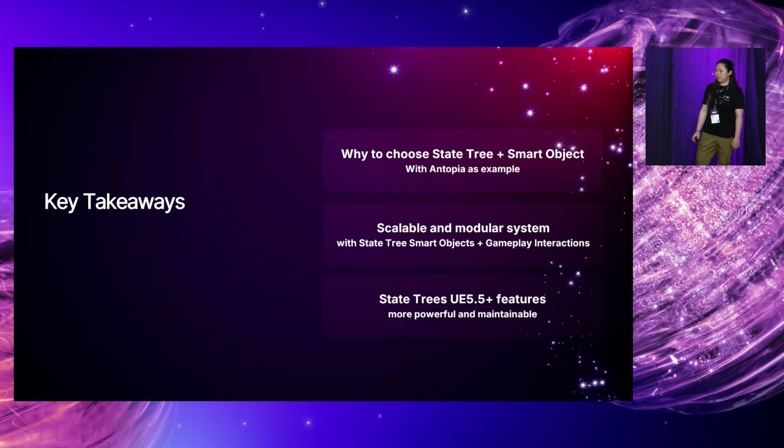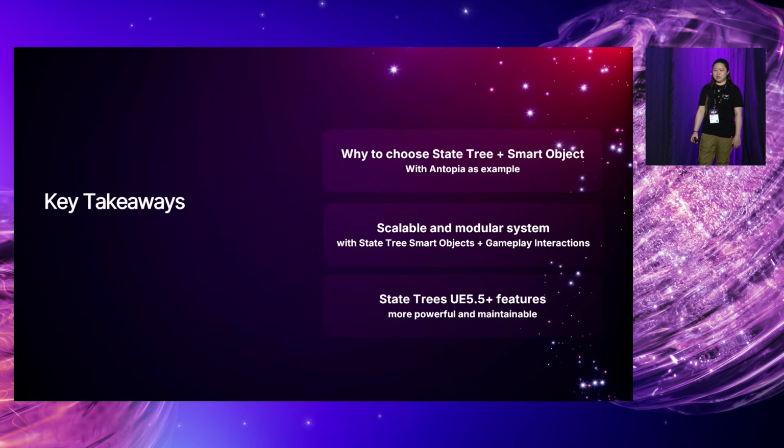Then at last, I have covered some UE 5.5 plus features, and it's becoming a more powerful and maintainable tool. So even though StateTree is not fully complete yet, Epic is obviously making a lot of new updates and improvements in upcoming and recent releases.